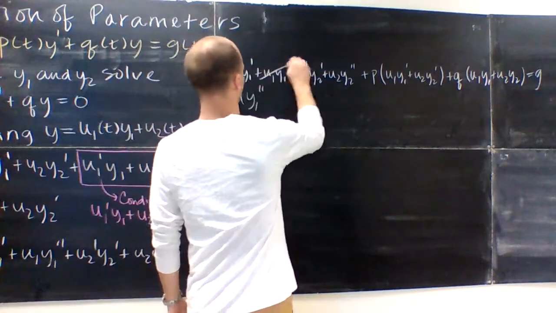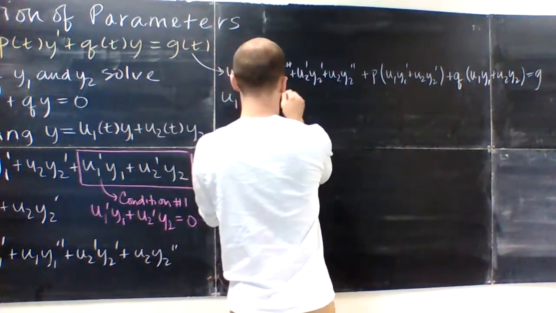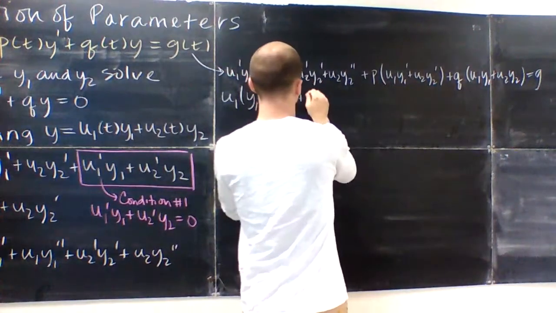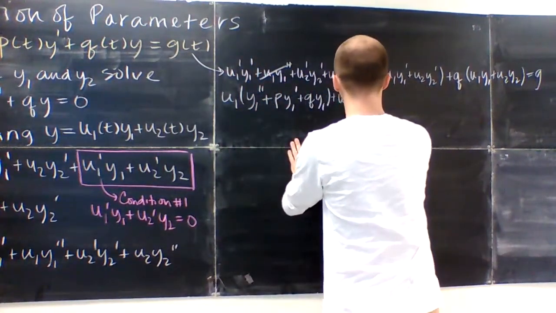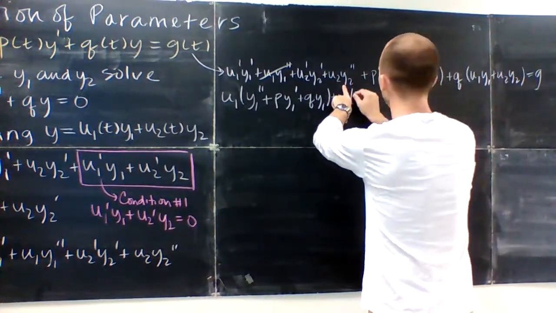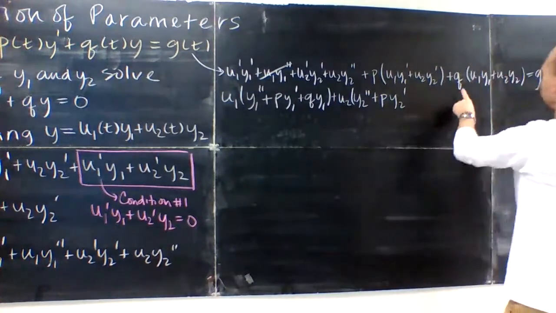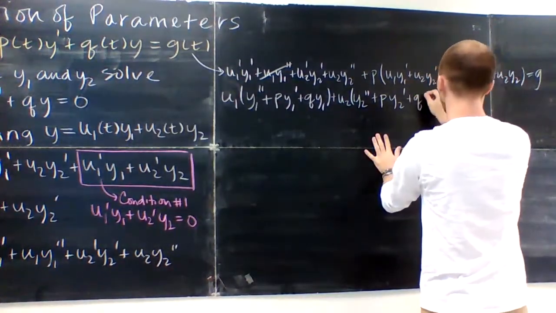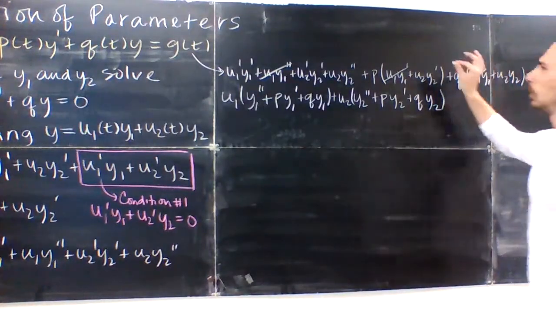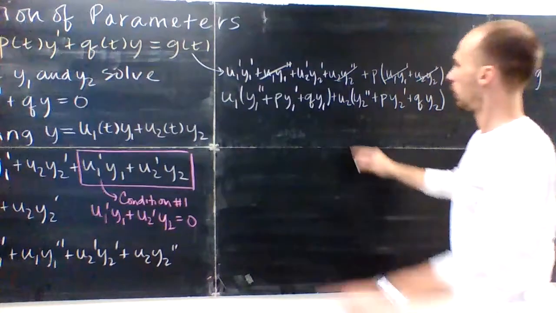So u1 y1 double prime, u1 times p y1 prime, and then a u1 times q y1. Then for everything with a u2: u2 regular is going to be y2 double prime plus p times y2 prime plus q y2, once I factor out the u2. So I'm left with these two things.